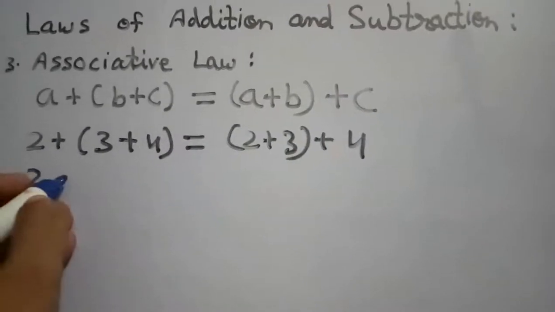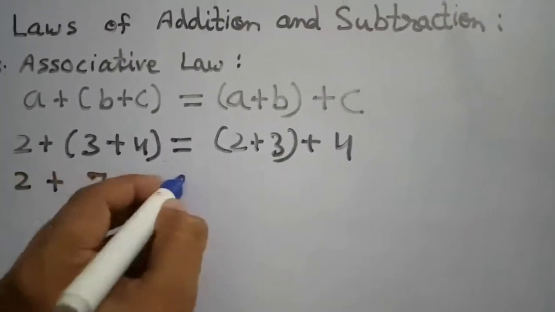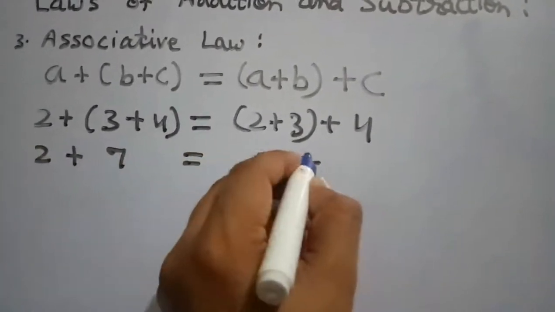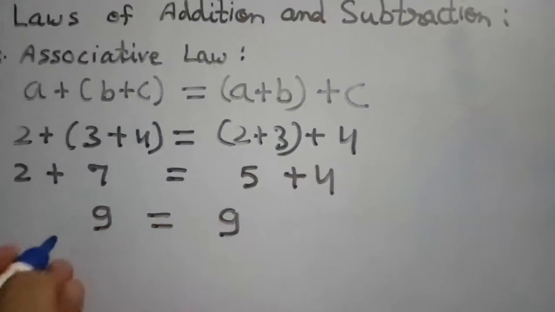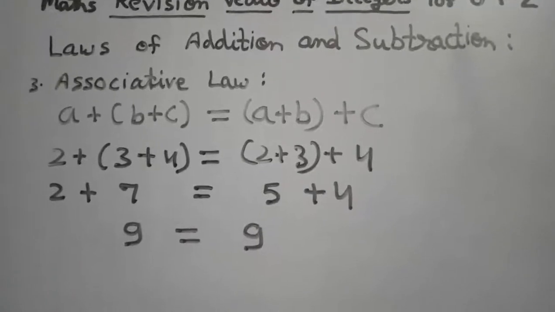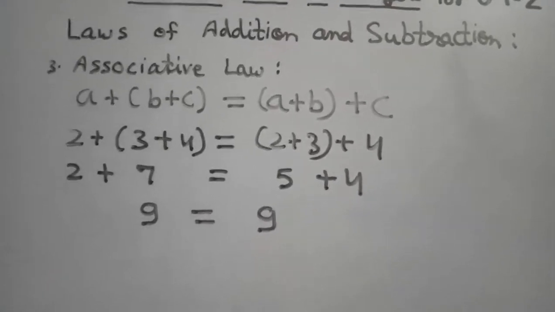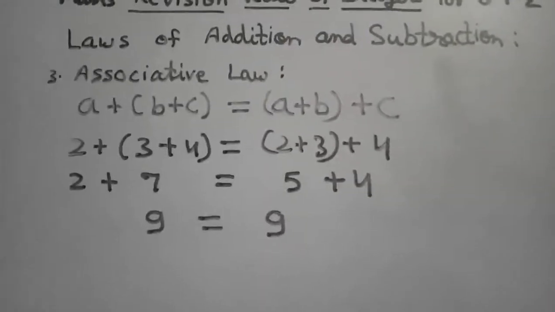Look here, 2 plus 7 and 5 plus 4. The result will be 9 in both cases. So the associative law will be used for three integers.